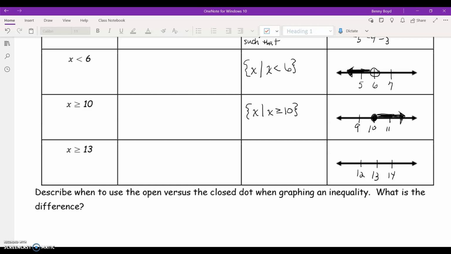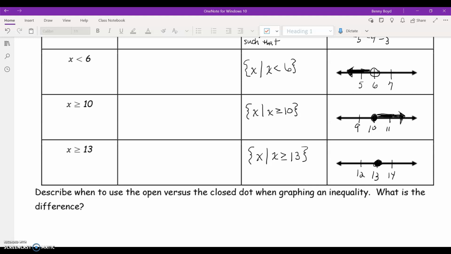Okay, how about this one? x is greater than or equal to 13. Well, this one's just like the last one. So, the set of x's such that x is greater than or equal to 13. Again here, this includes 13, so I'm going to shade in the dot.